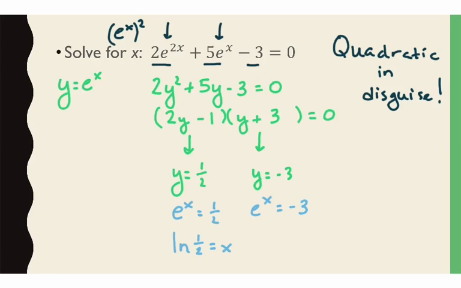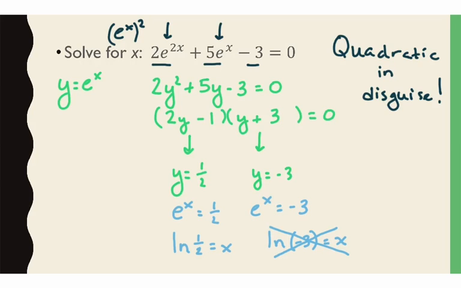Okay, so now let's switch over and look at e to the x equals negative 3. Some of you probably already know the answer, but let's go ahead with the process we just did. So again, natural log of negative 3 equals x. But wait a minute, you can't take the natural log of negative 3. Natural log isn't defined for negatives. So for this part of the equation, we have no answer at all.